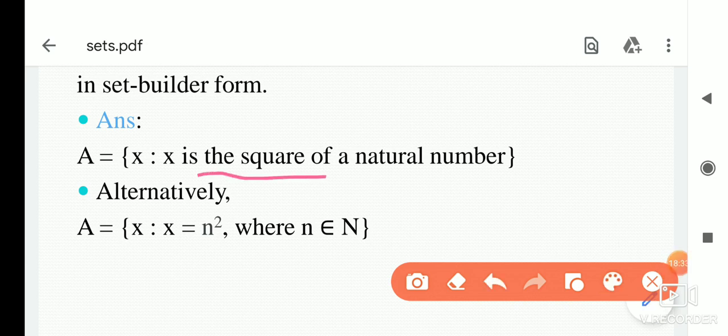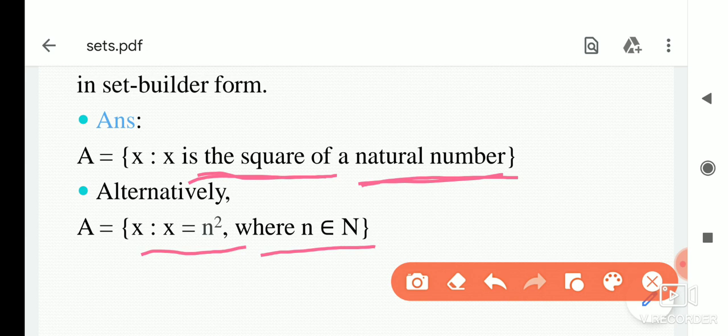X is the square of a natural number, or alternatively, A is the set of all x such that x equal to n square, where n belongs to capital N. So what is the important point here? You have to identify 2 properties: that it is a square of a certain number and it belongs to the natural number set.